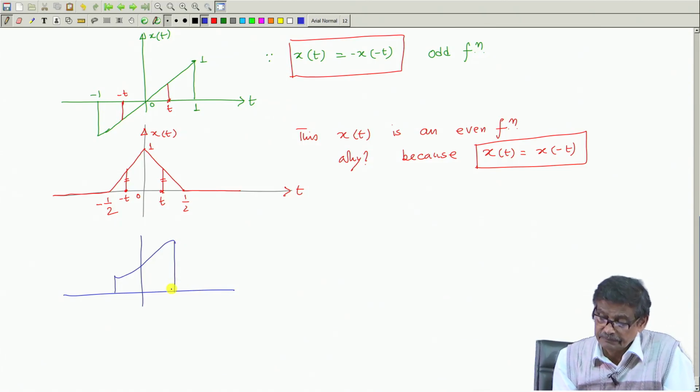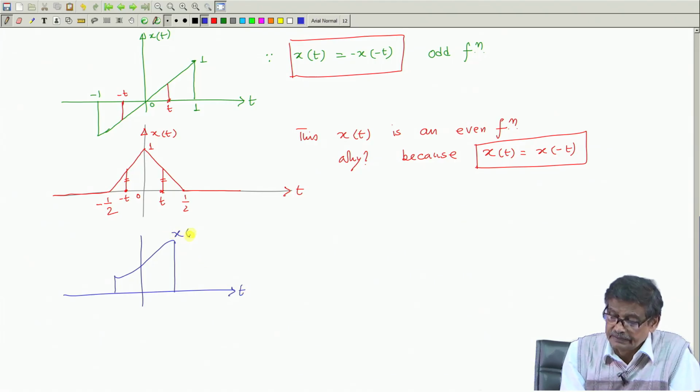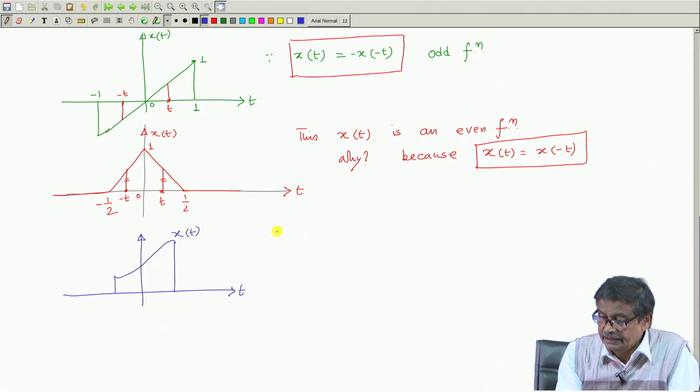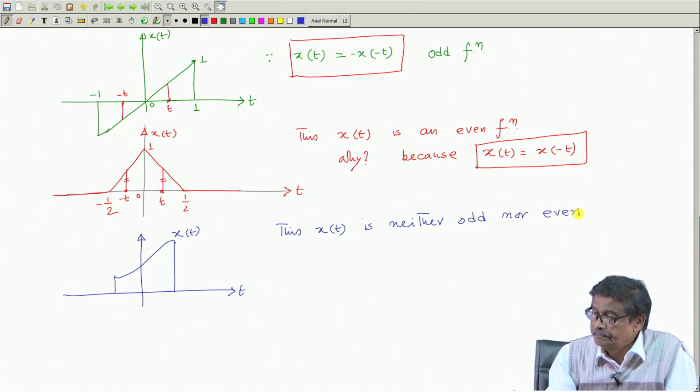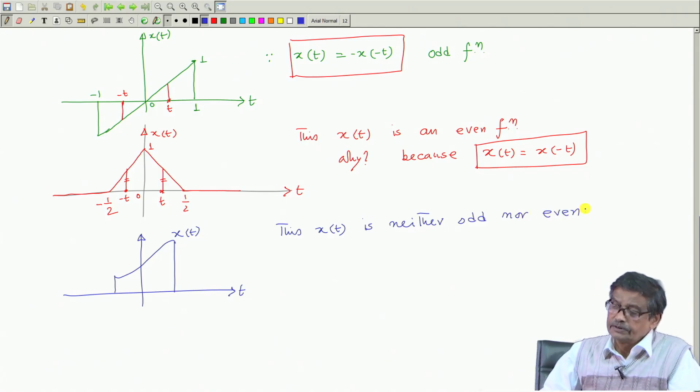This function x(t), the third x(t), is neither odd nor even.